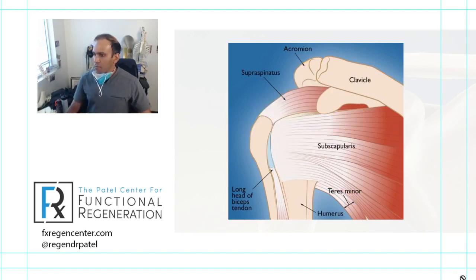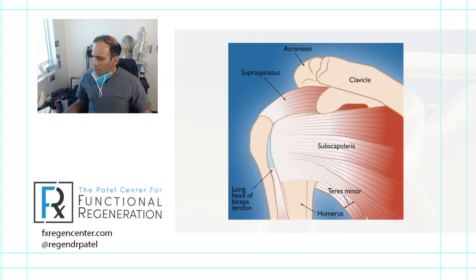Now, if there is impingement going on there, if the tendon is getting irritated, then that's where the fibers can get kind of disorganized, and that's when things like tears can occur within the tendons. If part of the tendon is torn, then that's called a partial thickness. If the tendon is torn through the thickness of it, then that's called more of a full thickness tear.